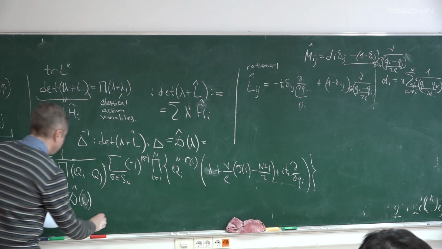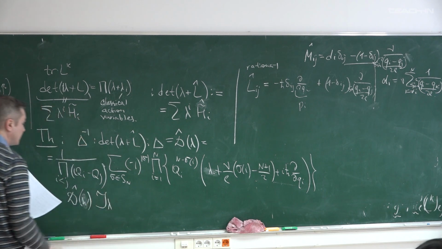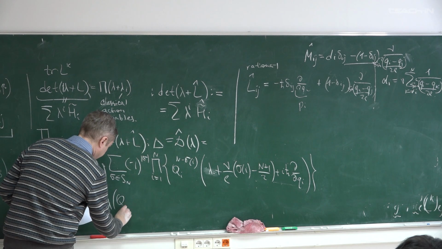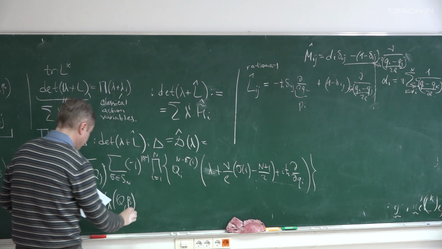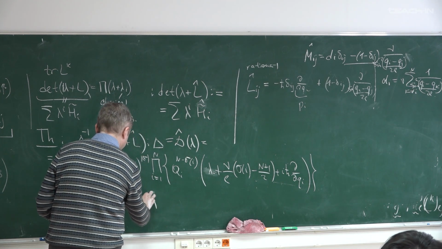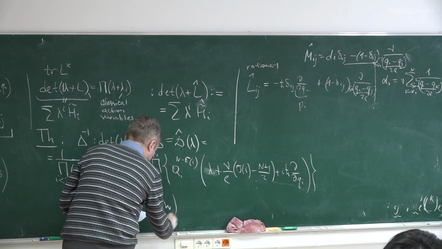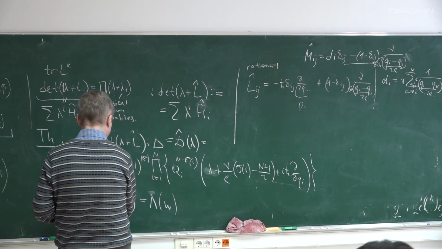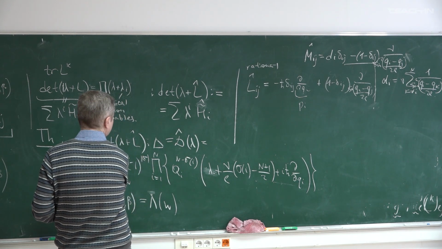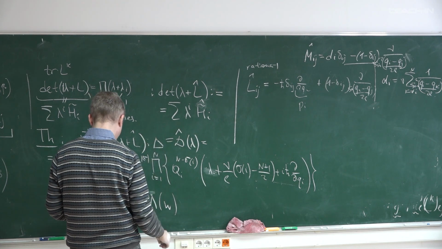D of w applied to the Jack polynomial depending on lambda, where lambda is a partition, provides some eigenvalue. So these Jack polynomials are eigenfunctions for this generating function of quantum Hamiltonians.